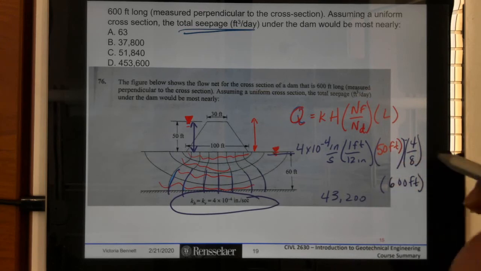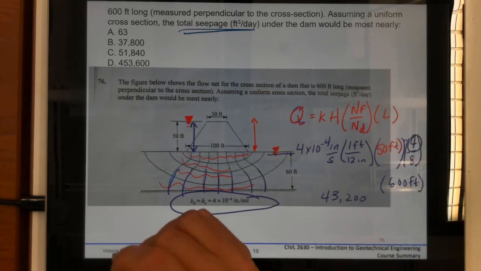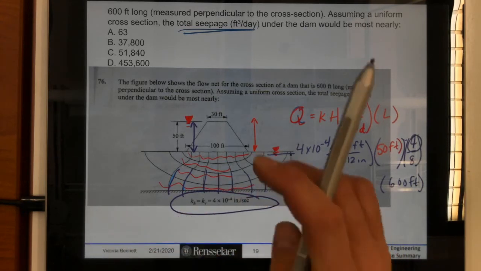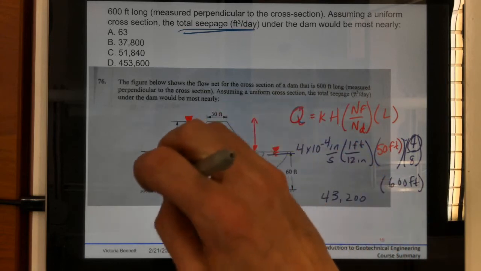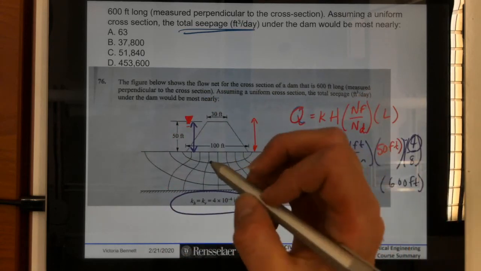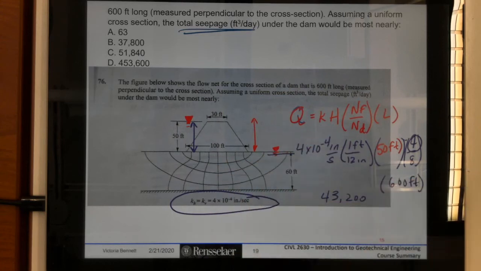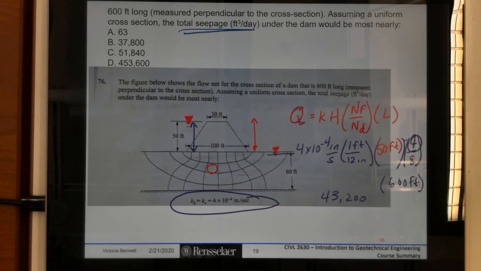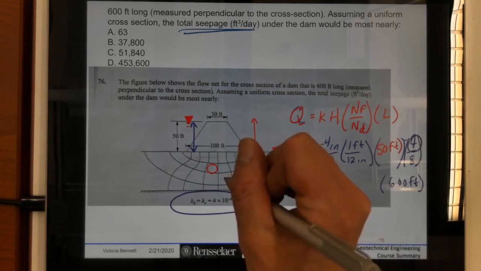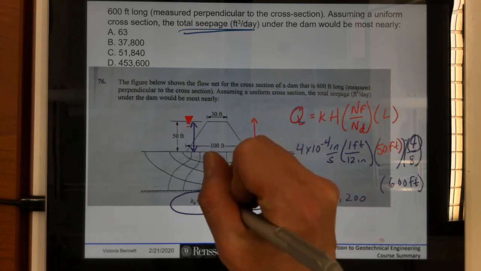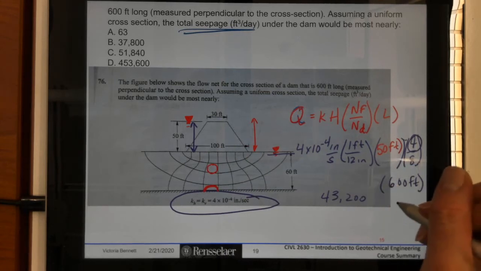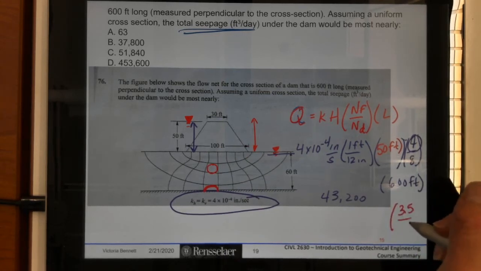If you don't use 4 as your number of flow channels, and you looked at maybe again this configuration and said that, so a properly constructed flow net, you could draw circles in between there. They should be square shaped elements. So is this one on the bottom a whole circle? So the solution had the shape factor as 3.5/8.